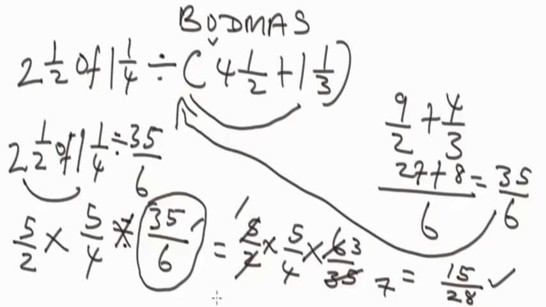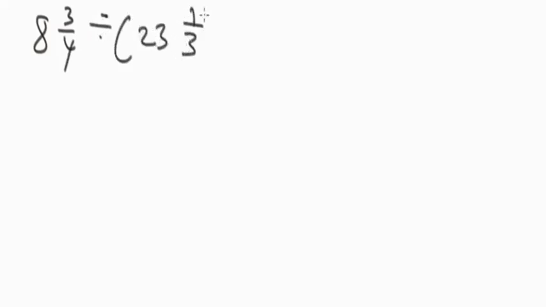So let's wipe this now and solve another problem. This time around, we have 8 whole number 3 over 4 divided by, in brackets, 23 whole number 1 over 3 of 1 whole number 1 over 2. And we are asked to simplify this fraction.